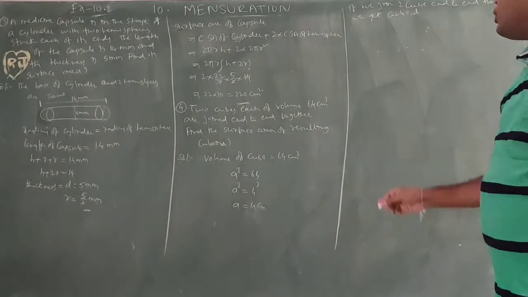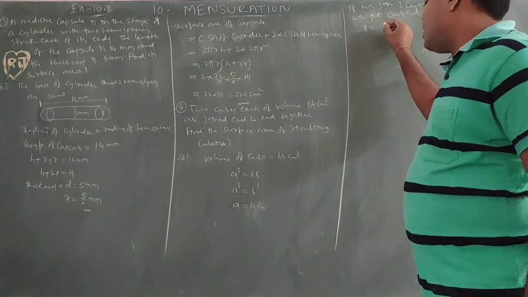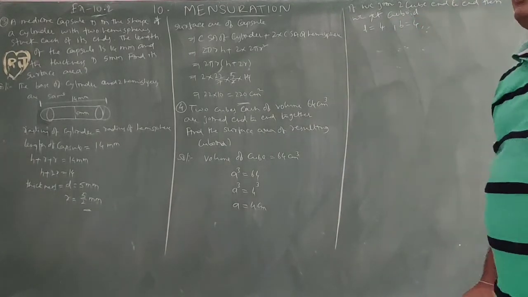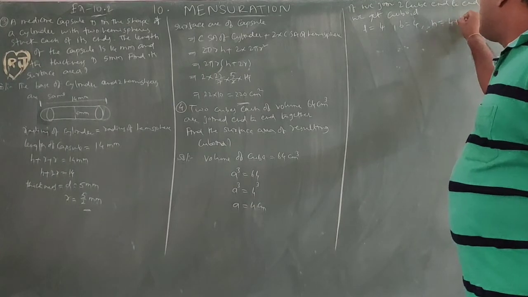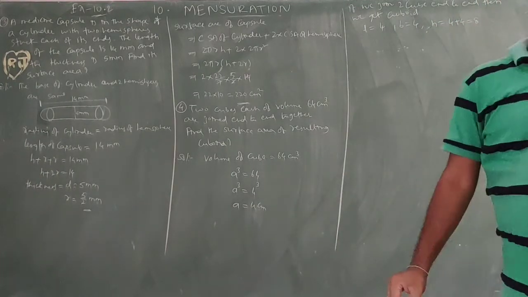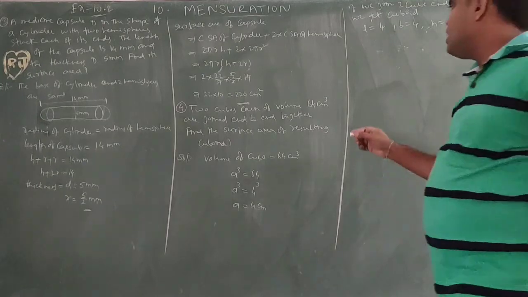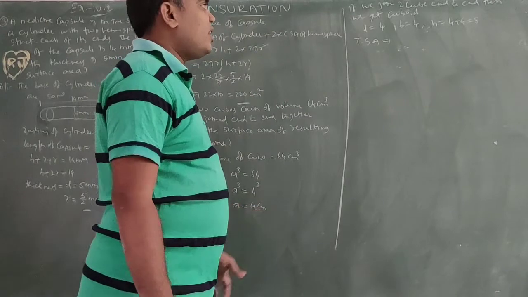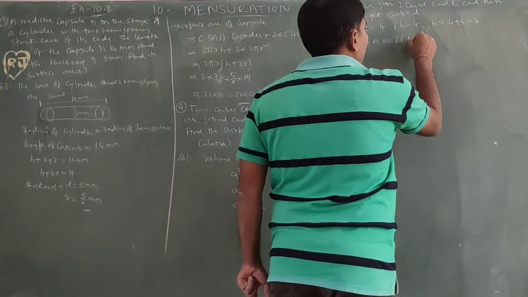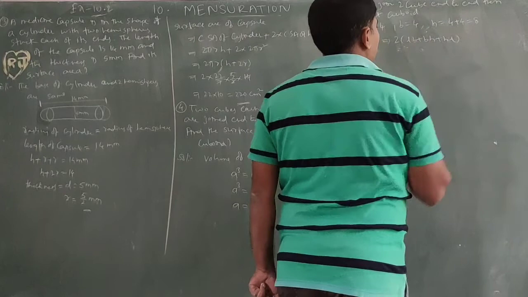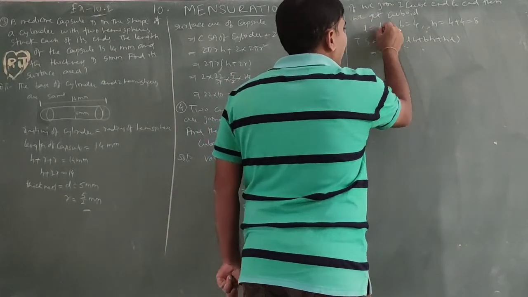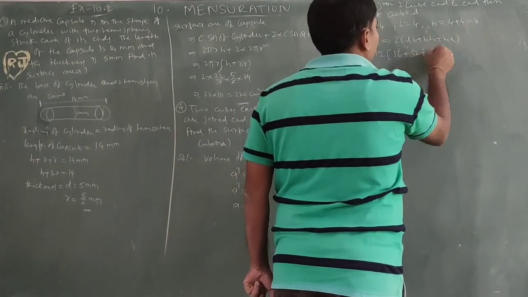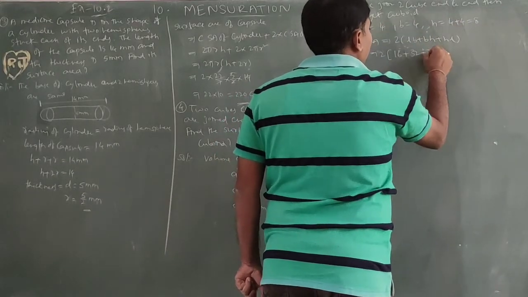The resulting shape is a cuboid. Length equals a, which is 4, and breadth is also 4. Only the height differs: h equals 4 plus 4 equals 8. Then the total surface area is 2 of lb plus bh plus hl. So l into b is 4 into 4, 16. b into h is 4 into 8, 32. h into l is 4 into 8, 32.